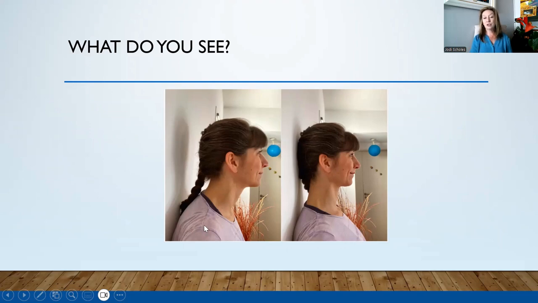What muscles are bearing the weight? Put your own head forward. What muscles do you feel kicking in there? You can actually see them working.